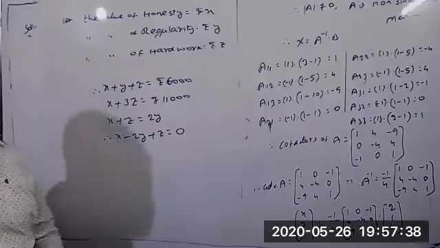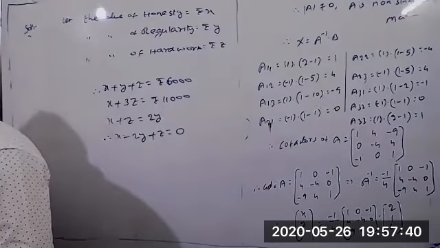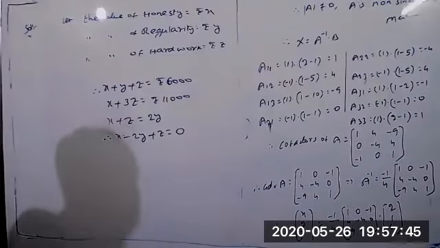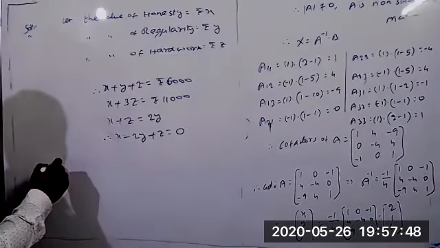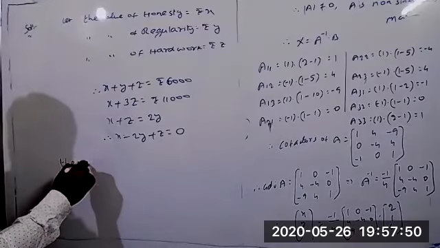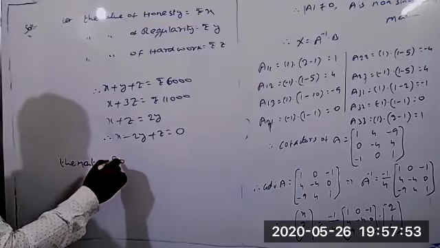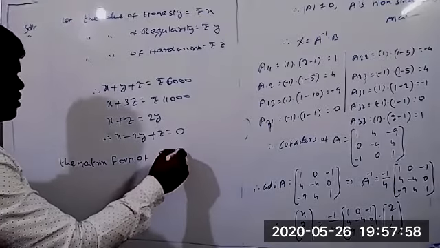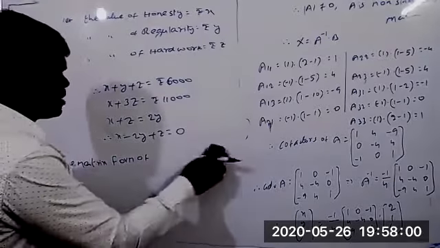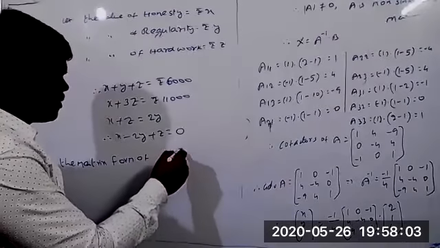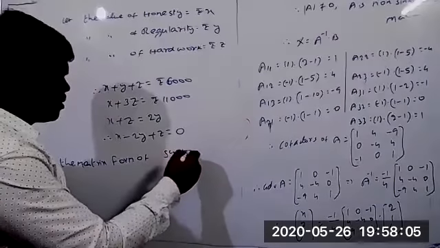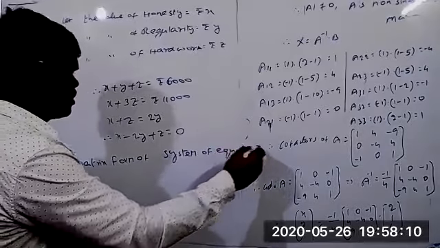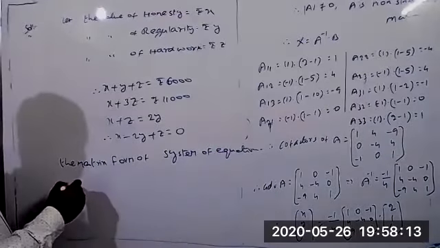Now we got a system of three equations. Now you can follow the same procedure. Therefore the matrix form of the given system of equations: what is the matrix A now?